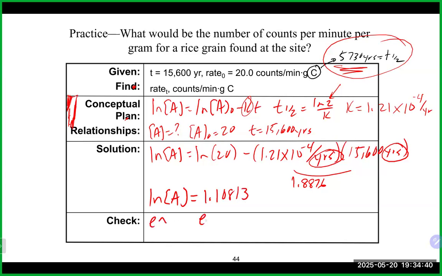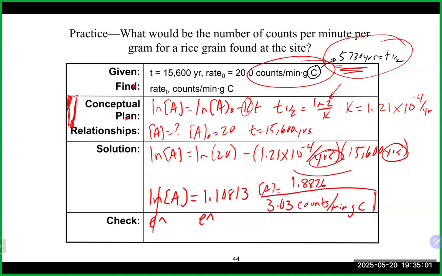We're going to e both sides, that's going to go away, and that will give us 3.03 for our A. The units here are going to be the same units as our initial, so it's a rate of radioactive decay, counts per minute per gram of carbon, the same units as our initial.